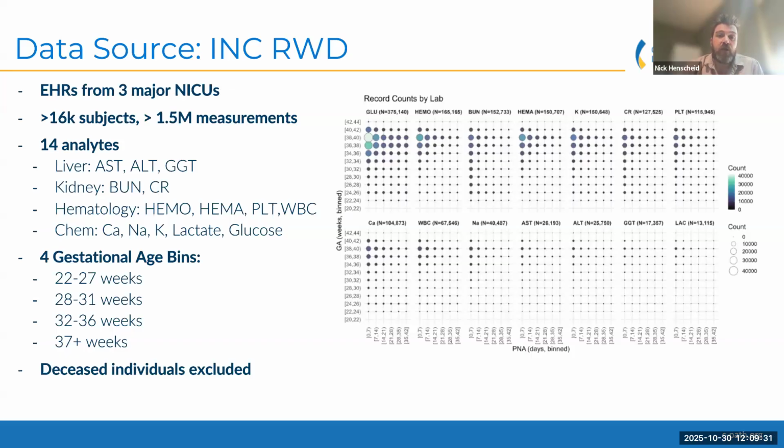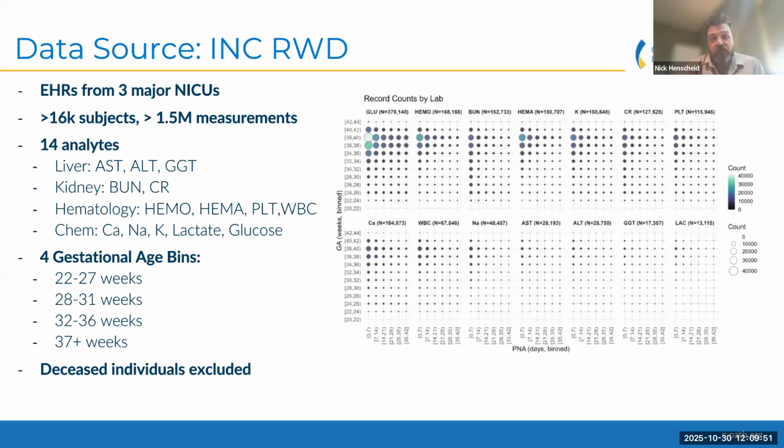The plot that you see on the right is showing the distribution of record counts for each lab. Each little rectangle box corresponds to a particular lab, like glucose, hemoglobin, BUN, hematocrit.